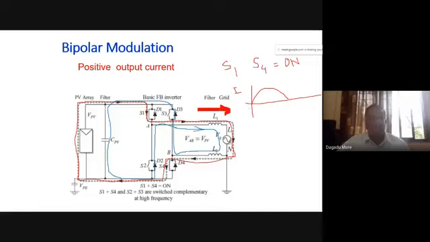There will be an exchange of energy between L1 and CPV, that is, between the capacitance and inductance. Whenever we have a freewheeling type operation, there will definitely be an exchange of energy between the inductor and capacitance.